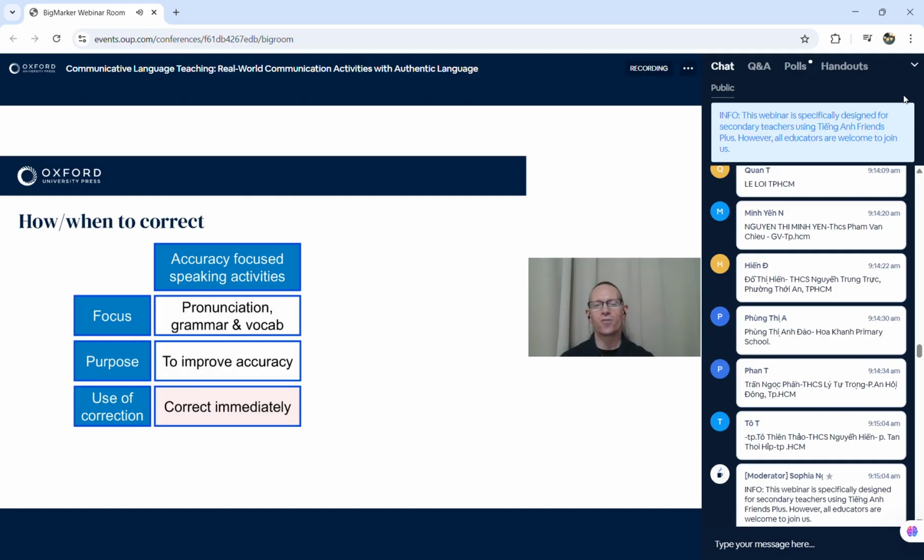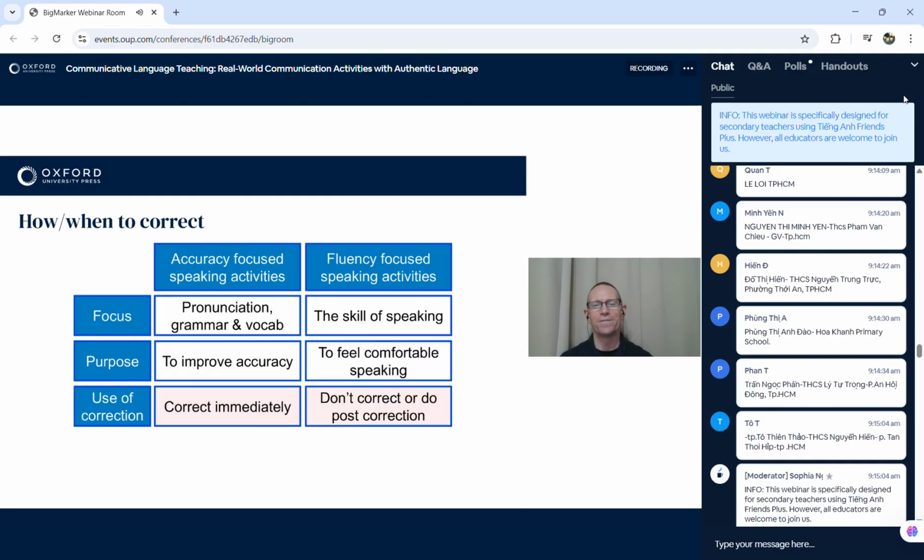But that's not the type of activity we're doing with Two Truths and a Lie. We're actually doing a fluency-focused speaking activity. Here, the focus is for students to practice the skill of speaking and to feel comfortable and confident speaking in English. So we don't correct and we do post-correction.